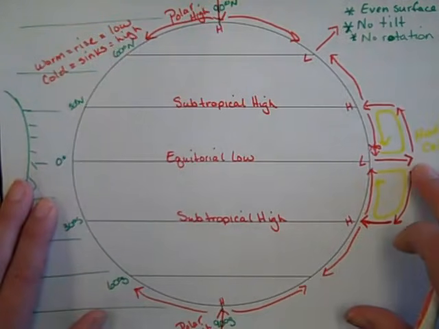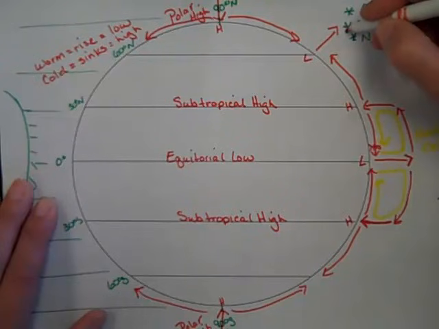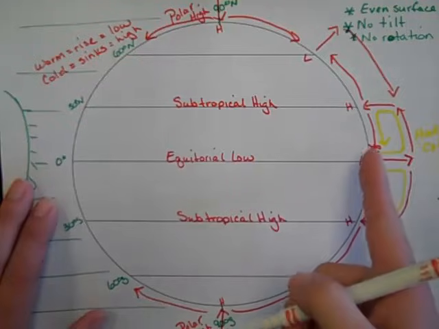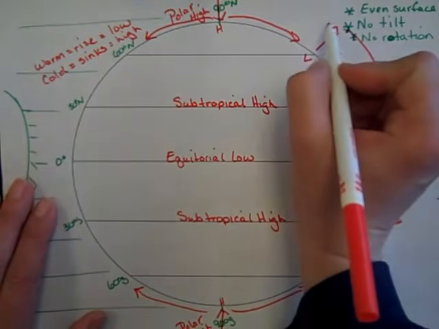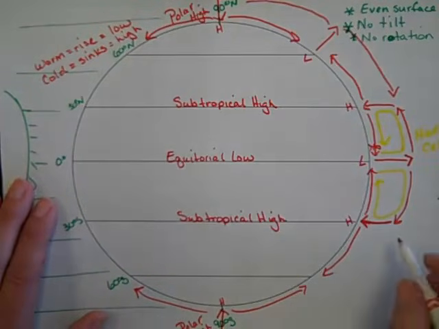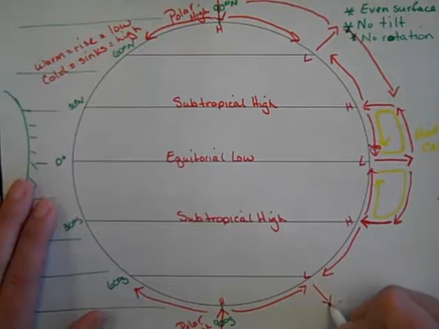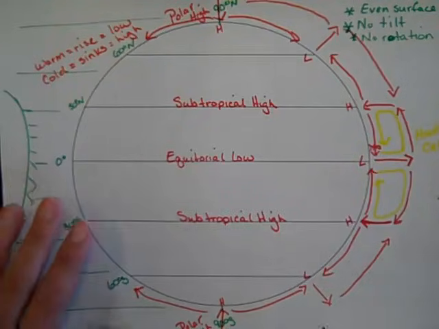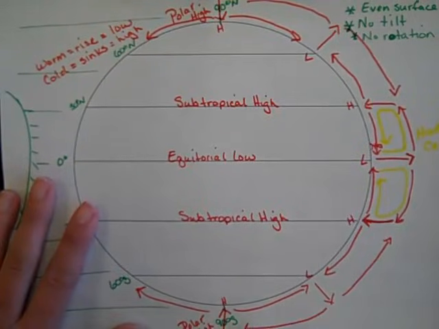And just like it did here, this rising air is going to spread out and cool and sink back down. Same thing happens down here. We have rising air. We have a low pressure that's going to spread out, cool, sink.